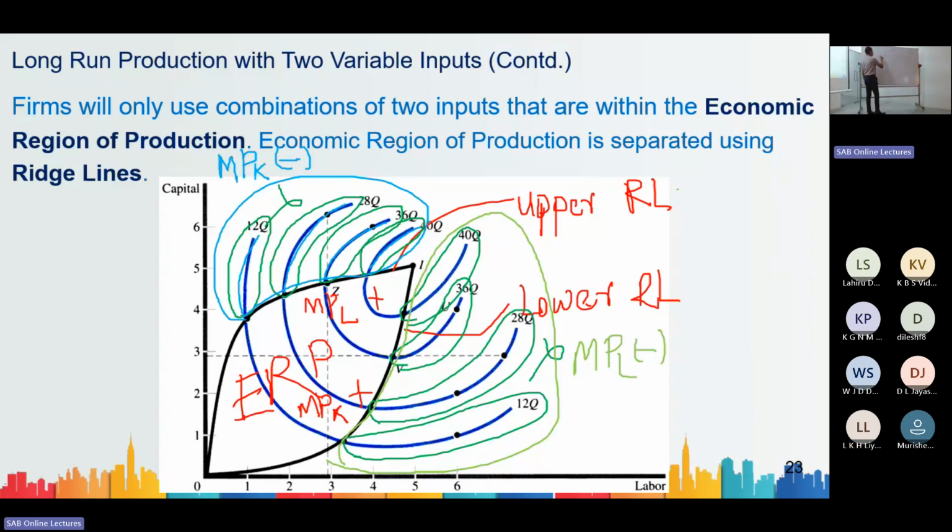When the marginal rate of technical substitution is infinite at these points, marginal product of capital is 0. So marginal product of labor can be any number. Any number divided by 0, the answer is infinite.